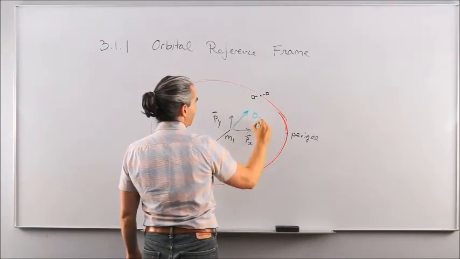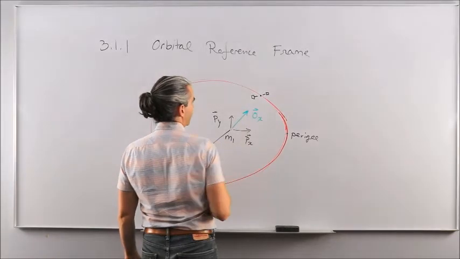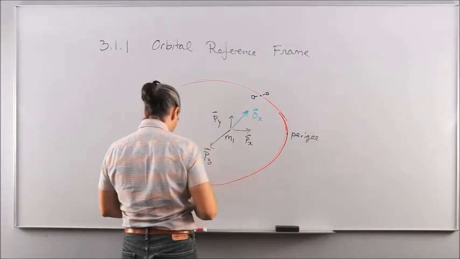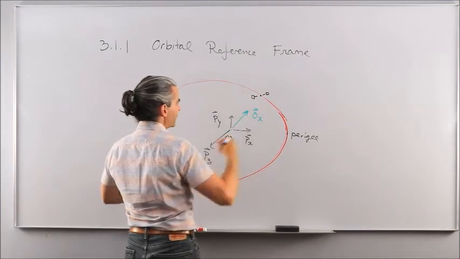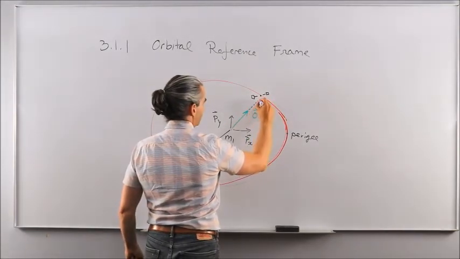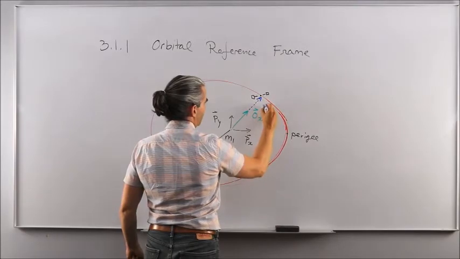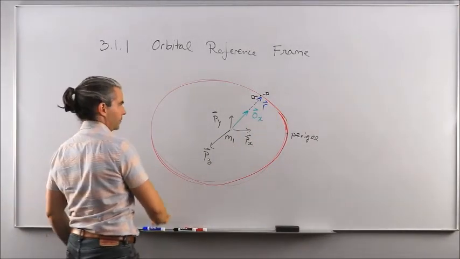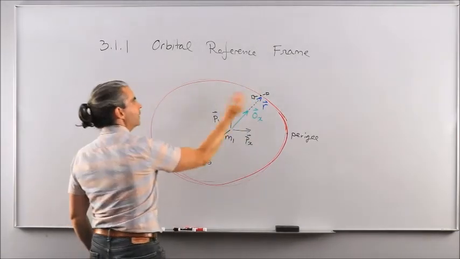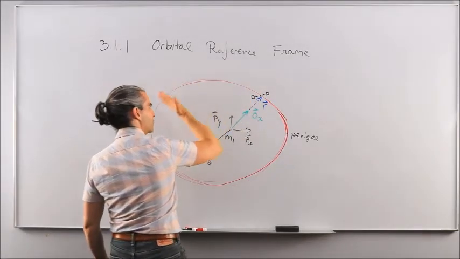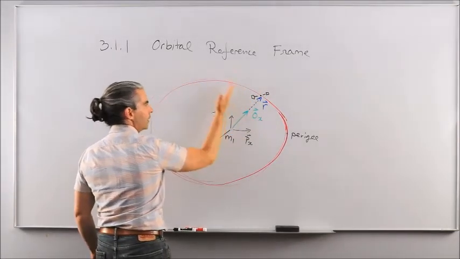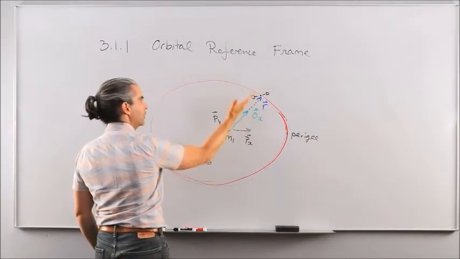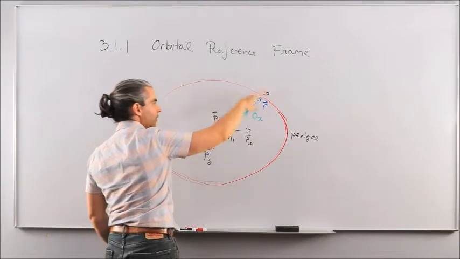So that will be OX, okay? Or in other words, OX is always along the position vector R, like this, right? So as the spacecraft orbits about M1, the R vector follows the spacecraft, and then so will OX. So OX is not inertially fixed, but will track the spacecraft through its orbit.